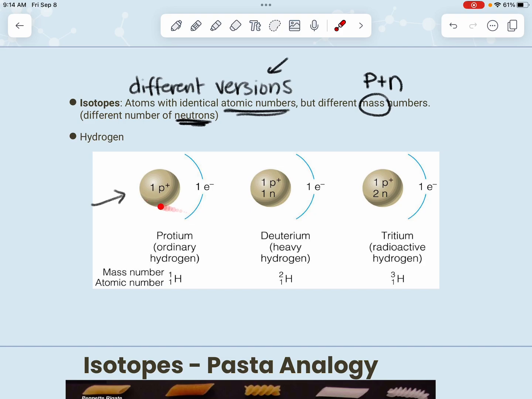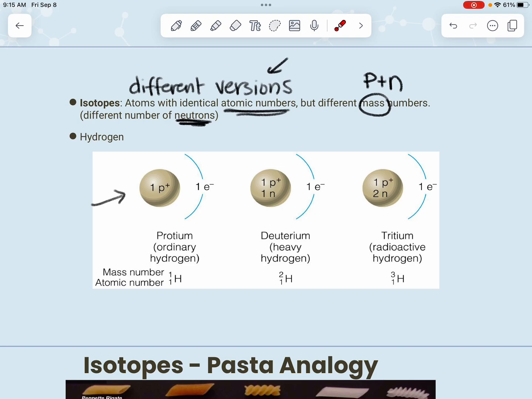So we have this most abundant version of hydrogen. That means most of the time, if we have hydrogen in front of us, it's going to be this type of hydrogen, okay? But some of the time, we might have this version of hydrogen in front of us. And then more rarely, but still, we can find this version of hydrogen on the right, okay?